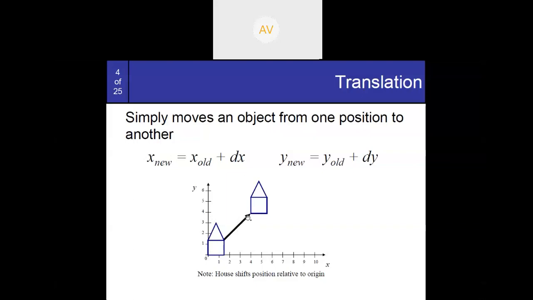The translation values dx and dy will be 4, 4, meaning translating 4 units in x and 4 units in y direction. When you are finding a new position, x new is equal to x old plus dx, the change in x distance. Then y new is equal to y old plus the change in y distance. If you add, you will get x new and y new, the new coordinates of the object.